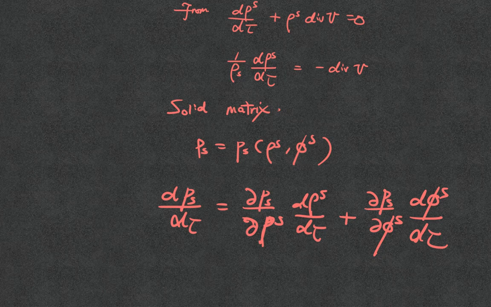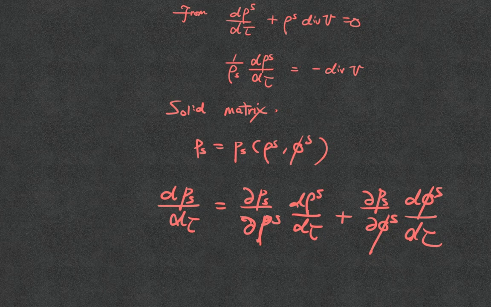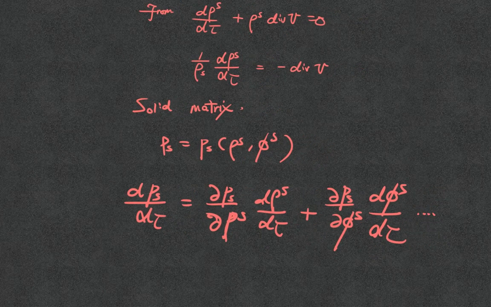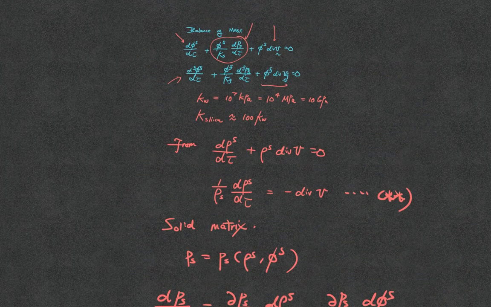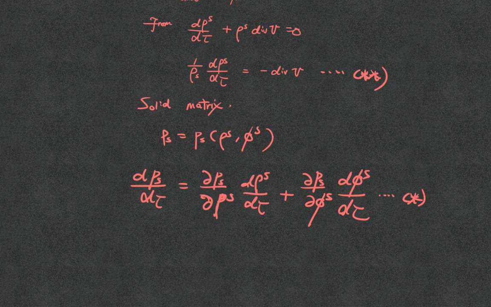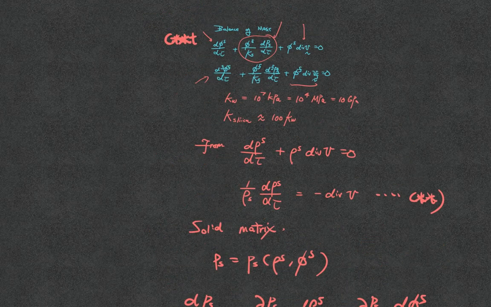Okay. So let's call these equations star, and let's put these equations as the double star. And then let's put the two equations as the triple and quadruple star.